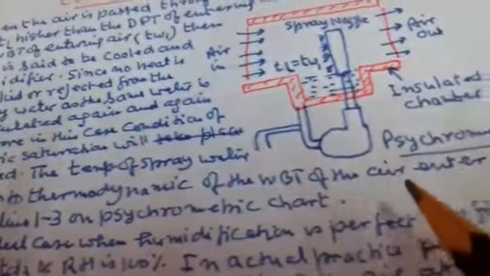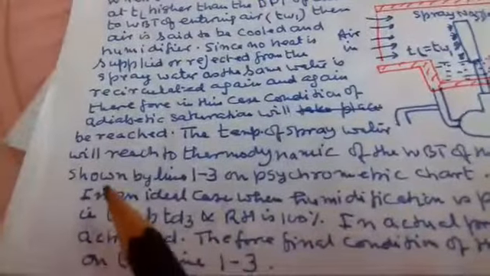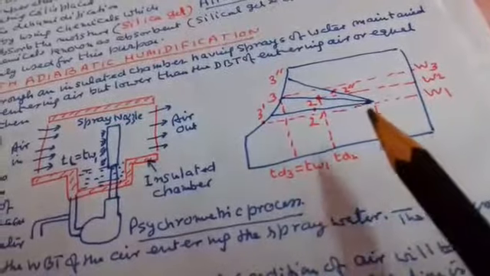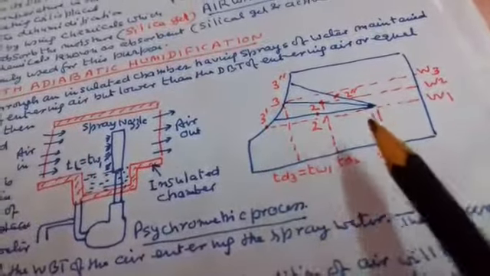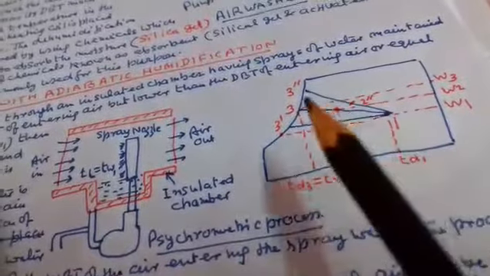See, on the psychrometric chart various processes have been shown, 1 to 3, 1 to 3 dash, 1 to 3 double dash, and this is the WBT line. Line 1 to 3 is the WBT line. Correspondingly, we are getting W1, W2, W3 specific humidity, and TD1, TD2, TD3 dry bulb temperatures.